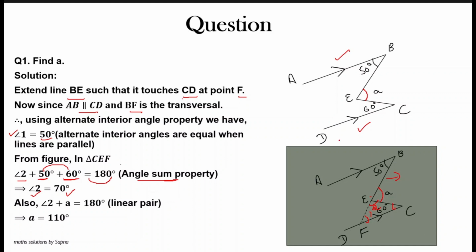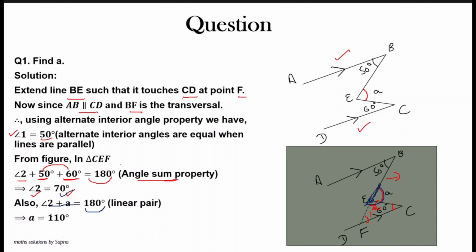Again, using the figure, as I already told you, a linear pair is getting formed because angle 2 and A are formed at the same point E and make a straight line. So that's why angle 2 plus A make a linear pair, so their sum would be 180 degrees, right?